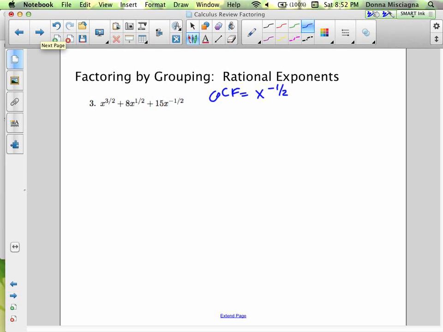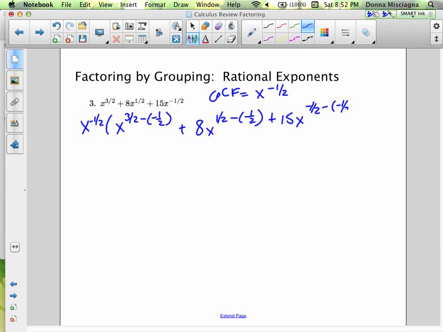So we have x to the negative 1/2 times x to the 3/2 minus a negative 1/2, plus 8x to the 1/2 minus a negative 1/2, because when we divide terms raised to a power, we subtract exponents, and then plus 15x to the negative 1/2 minus negative 1/2.